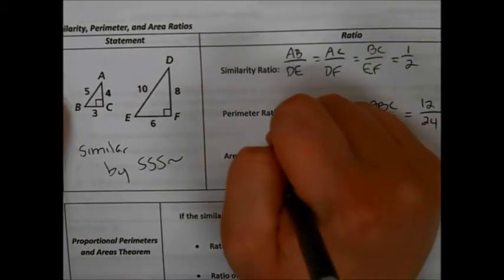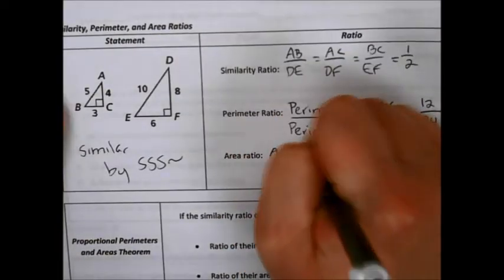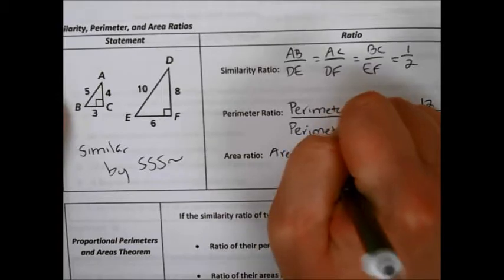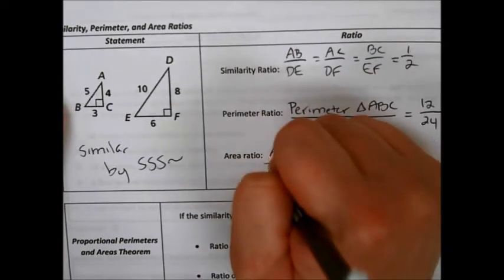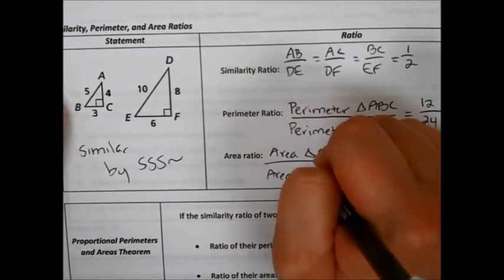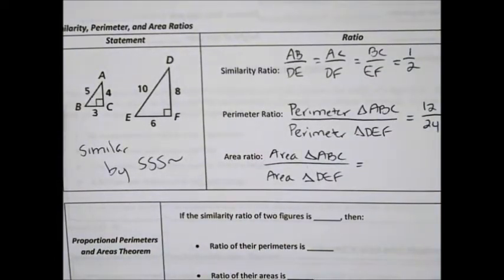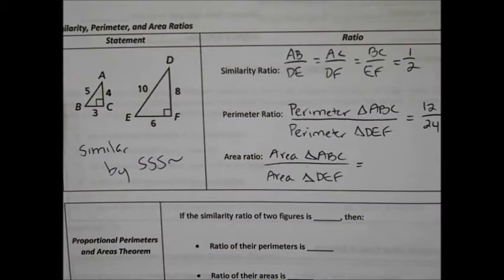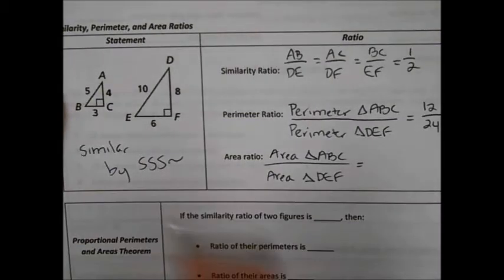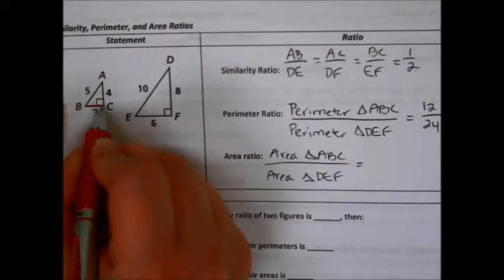So finding the area of triangle ABC and the area of triangle DEF. Hopefully you guys can remember area of a triangle is 1/2 base times height, and the base and height have to be perpendicular to each other. So quickly we can go over and check our triangles.